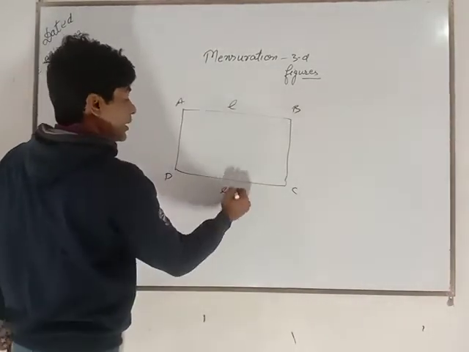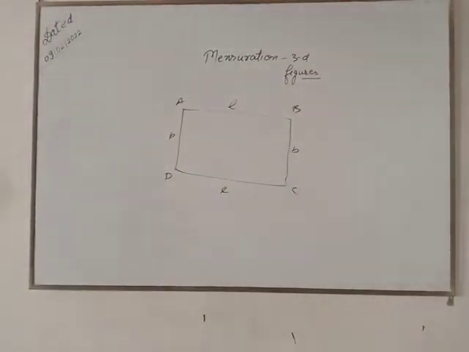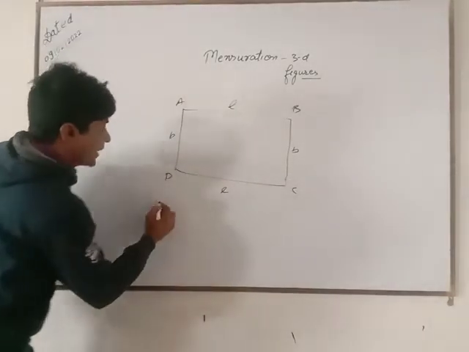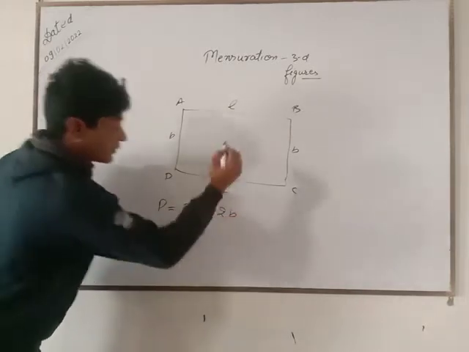This is length, this is breadth. Its perimeter will be equal to twice of length plus twice of breadth.